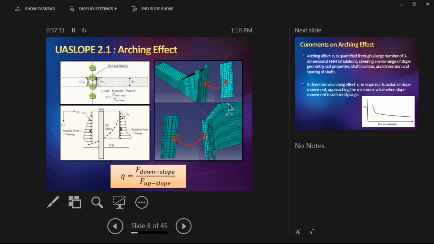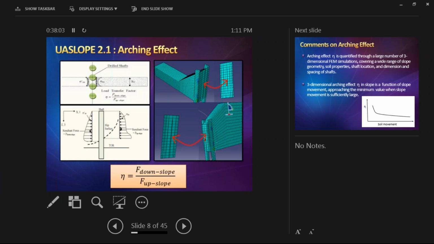Once the three-dimensional finite element simulation technique is validated, then we run a series of simulations for a variety of cases. Now you can see on the right-hand side we have the three-dimensional finite element mesh. On the upper right picture, we show a slice of the slope with two drill shafts spaced apart.